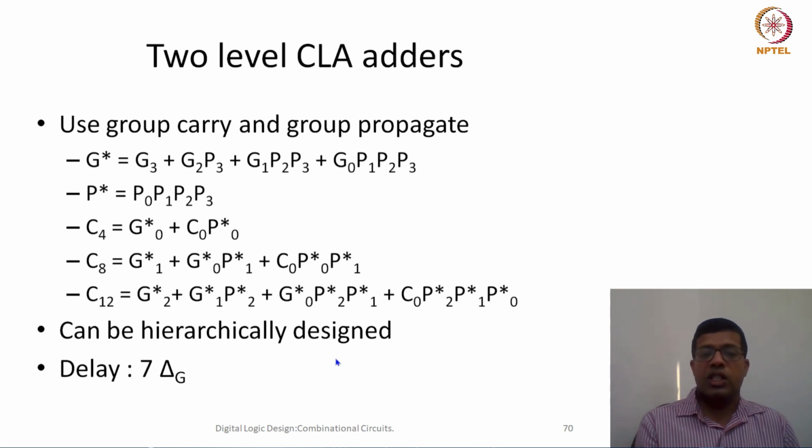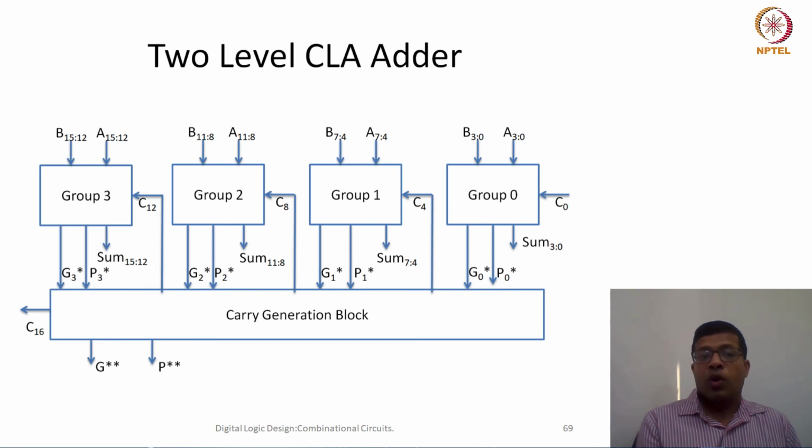Now let's quickly see what would be the delay. The delay of this 16-bit adder would be, there would be a 1 gate delay because of generation. There would be 2 gate delay because of generating P0 and G0.